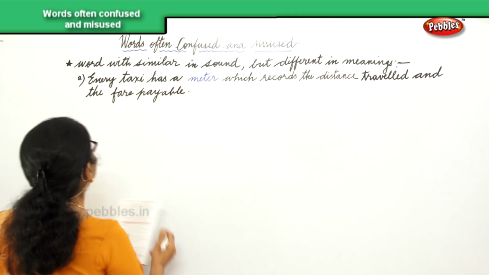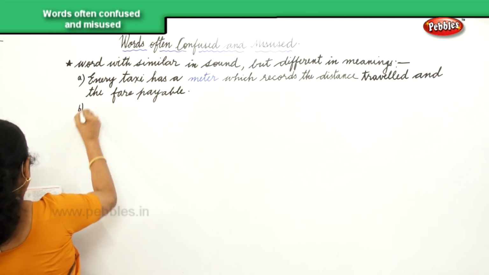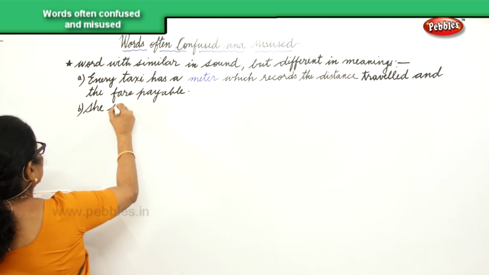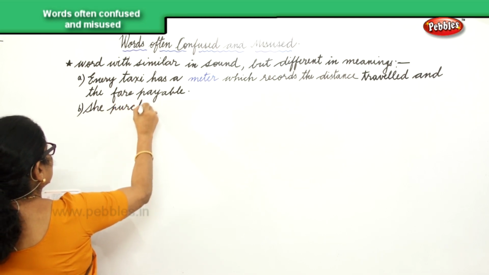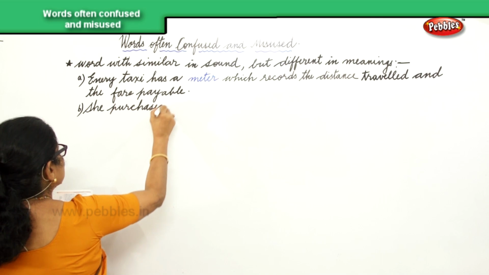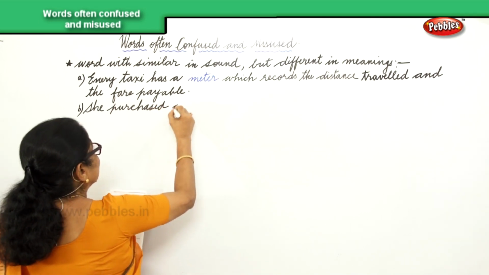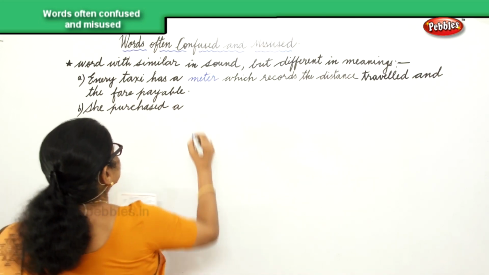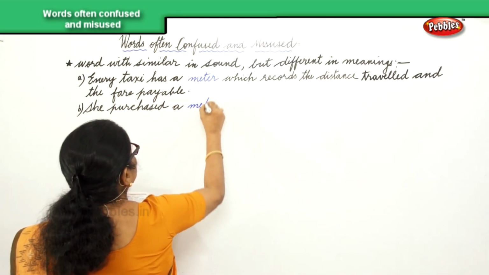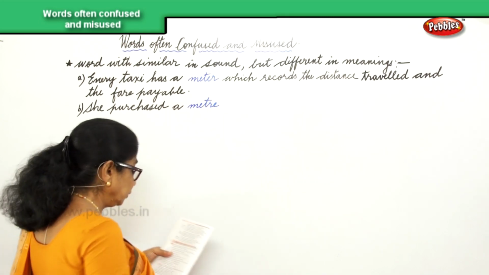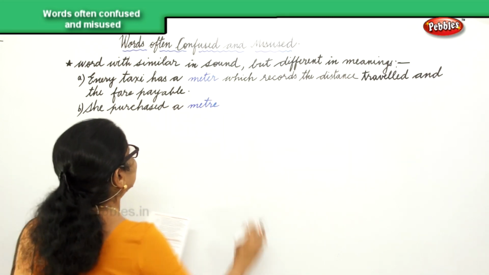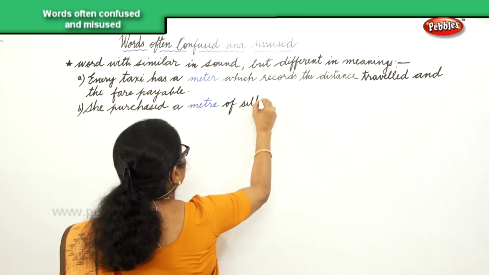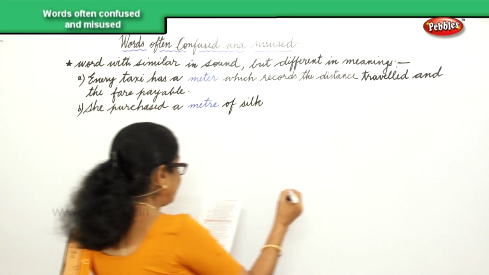Now, let's look at the next sentence. She purchased a meter of silk for her blouse.